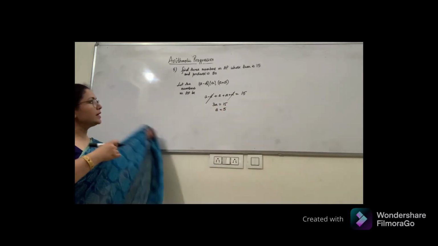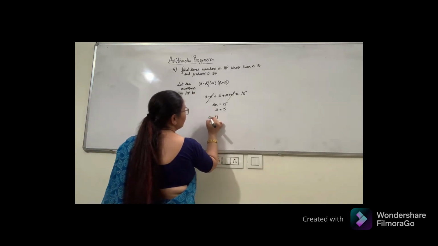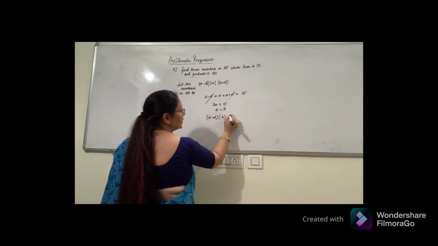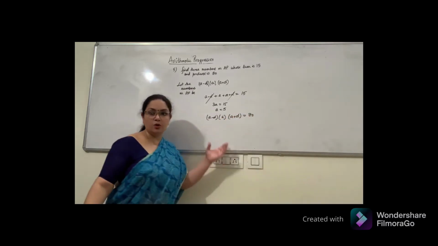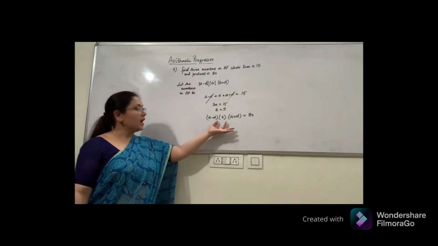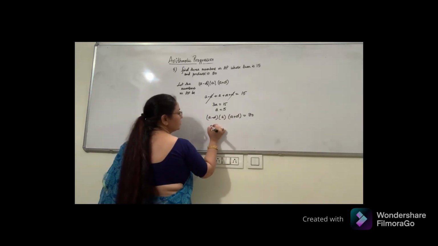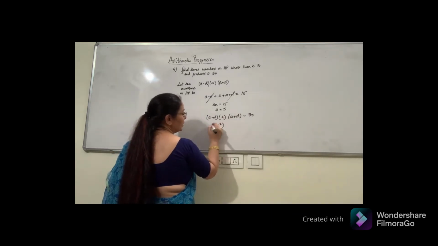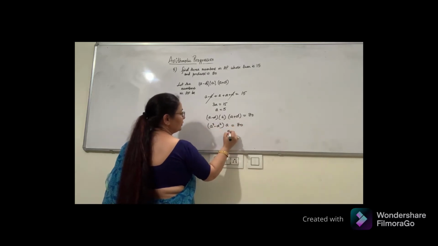Okay, and then he says the product is what? Product of three terms, a minus d, a and a plus d, is equal to 80. So multiplying these two terms, a square minus d square into a is equal to 80. So a is 5, so 5 का square minus d का square.